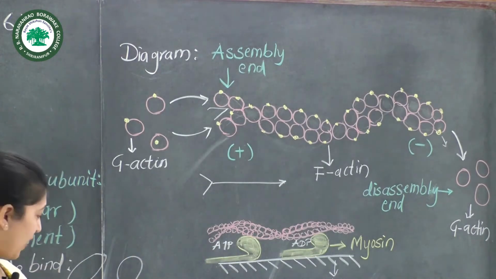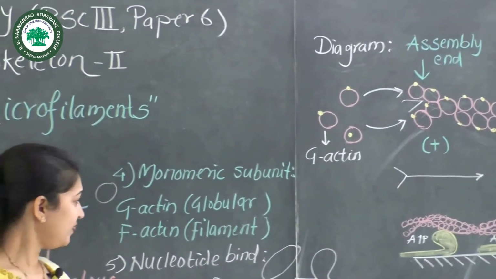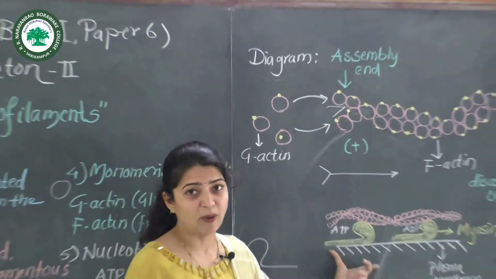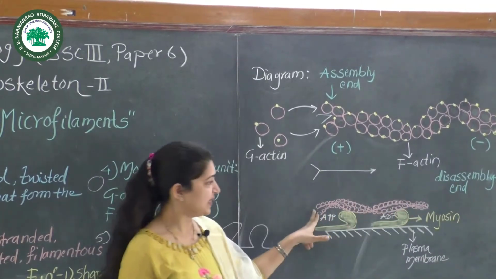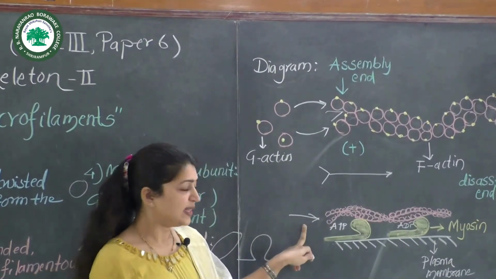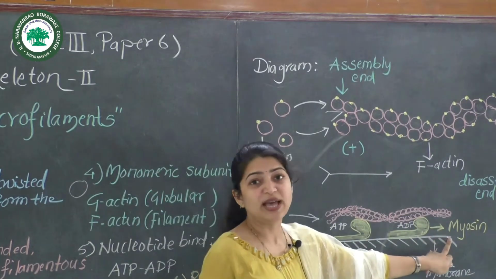Here in the next point I am going to show you something. In the previous point, in the functions, I told you about muscle contraction. Here I am giving the example of the actin and myosin complex. In the actin myosin complex, this is the microfilament, and to this microfilament the myosin molecules are attached.